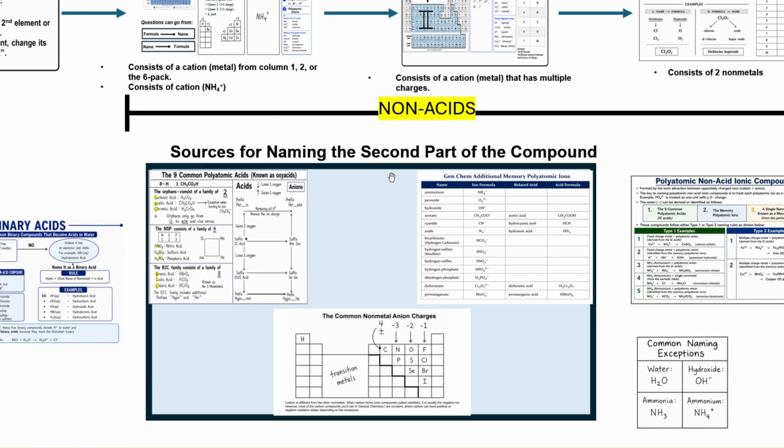Sources for naming the second part of the compound are seen in this box. So, in the center of the slide, which is what we're seeing right now, we have the sources for naming the second part of the compound section. The name of the second part can come from one of three sources.